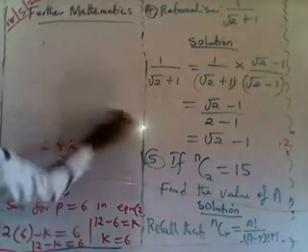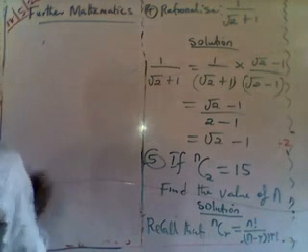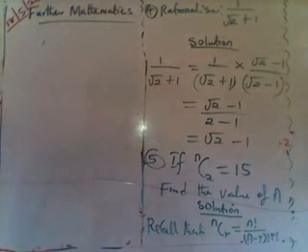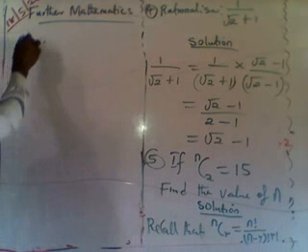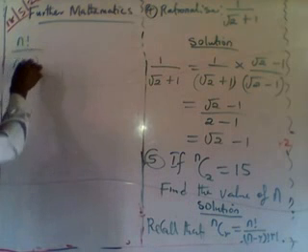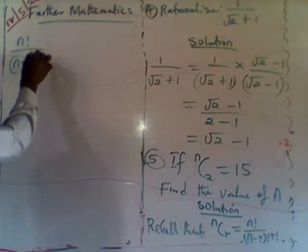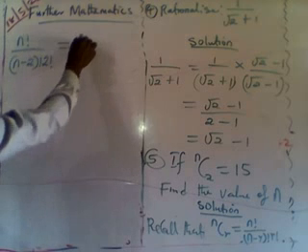And definitely, if you compare that formula with what we are given in the question, that means our n is still n, and our r is 2. So that means n factorial all over n minus 2 factorial, then 2 factorial is equal to 15.